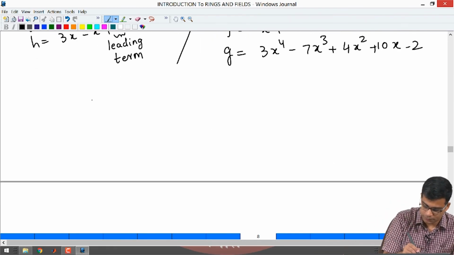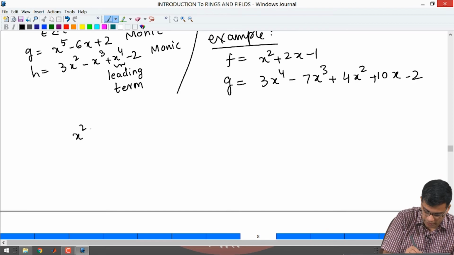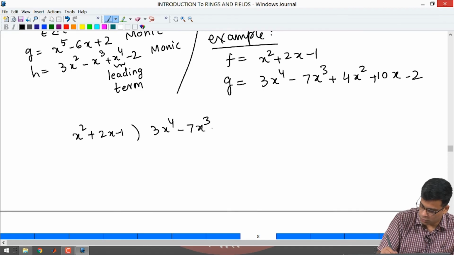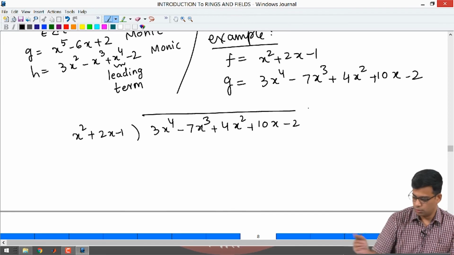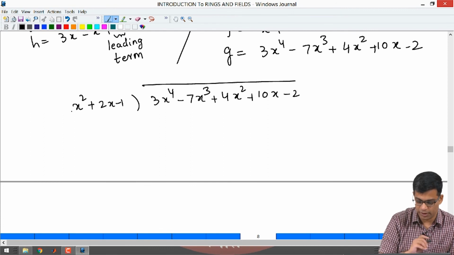So, here I want to divide this. This is the usual Euclidean division algorithm. You have x squared plus 2x minus 1 here, and 3x^4 minus 7x cubed plus 4x squared plus 10x minus 2. First I want to divide 3x^4 by x squared.